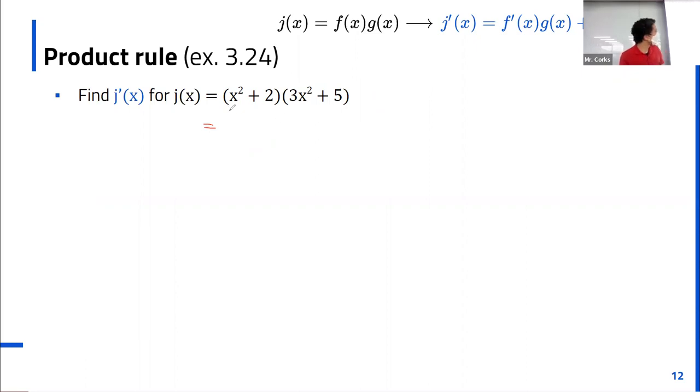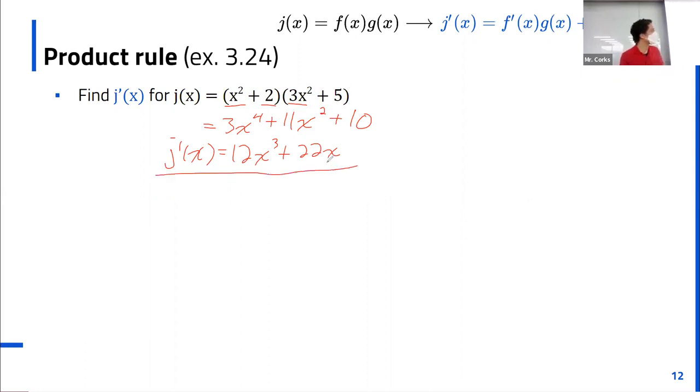If we expand these brackets, we have 3x to the exponent 4, and then 2 times 3x squared, x squared times 5. So that would give us 11x squared, and 5 times 2 is 10. Then here, we can do power rule directly. So our derivative, j prime of x, would be 12x cubed plus 22x, and then that's it.